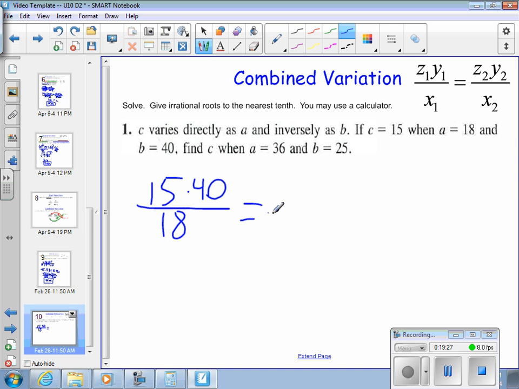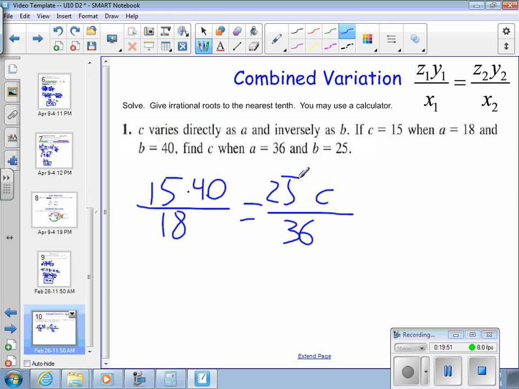And now I need to do the same thing in the ratio on the other side. So I am finding C when A, and we are varying directly with A, so it goes on the bottom, 36, and inversely with B, so it goes on the top.